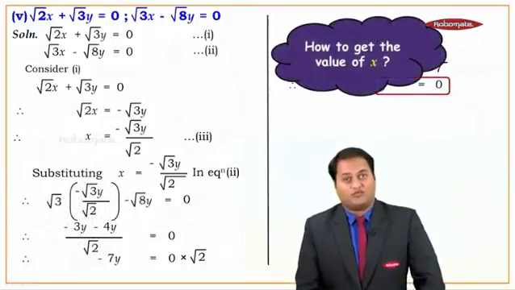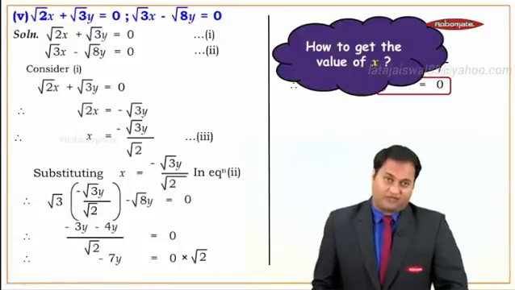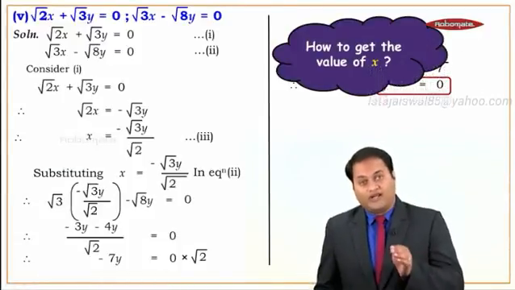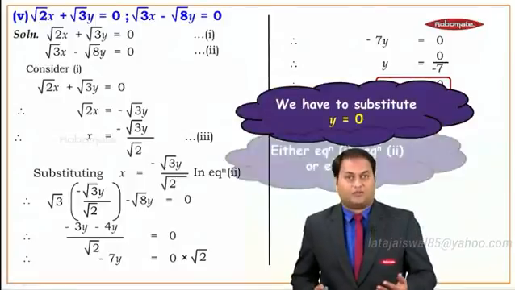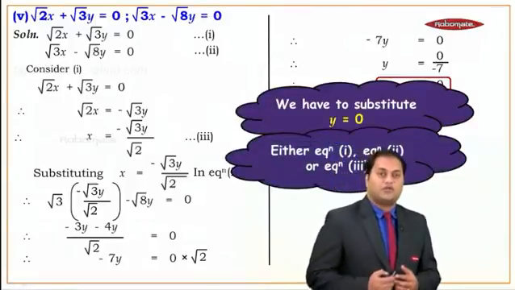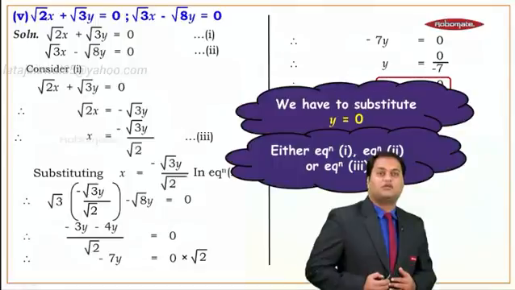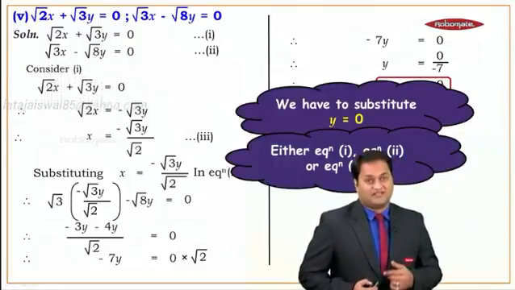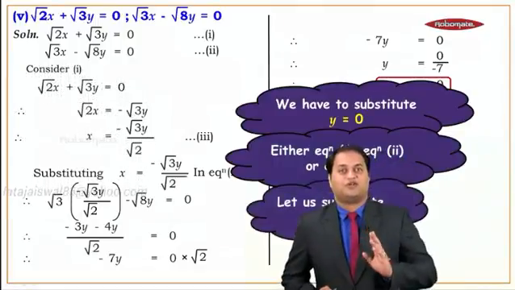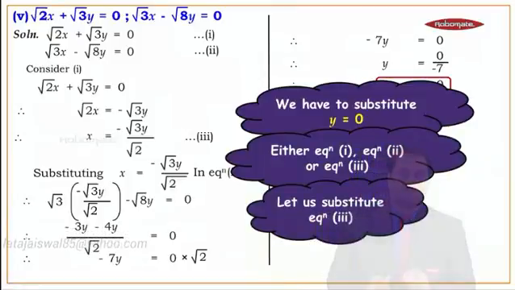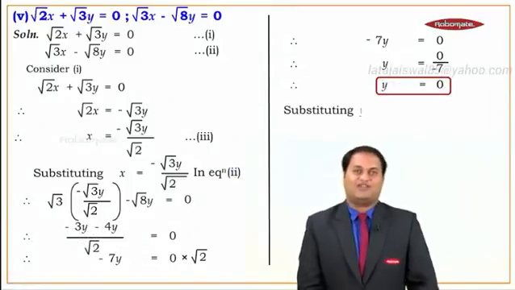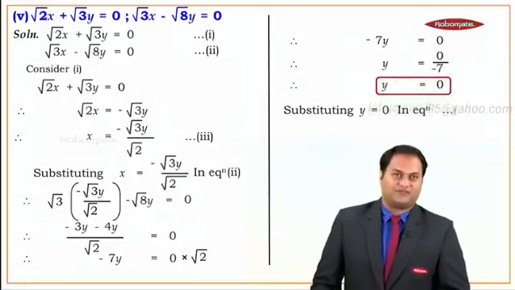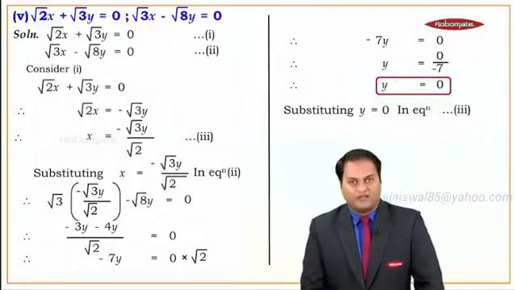Once you get the value of y, now it's time to find the value of x. To find x, now substitute y either in equation number 1 or equation number 2 or equation number 3. But as I said, it's always better to substitute in equation number 3. So, let us substitute y is equal to 0 in equation number 3. What do we get?